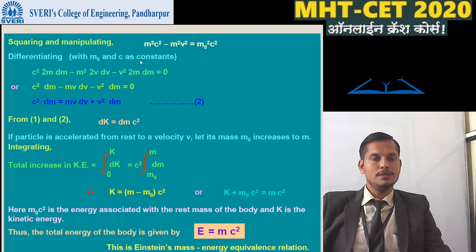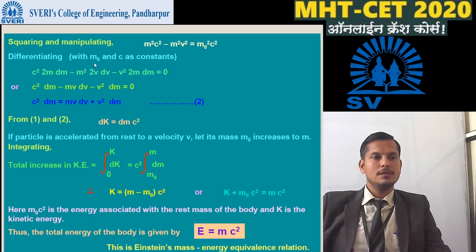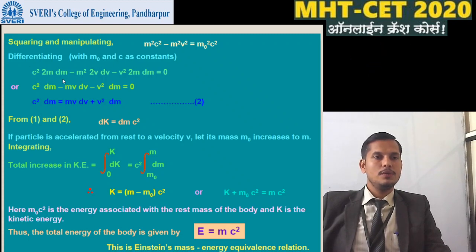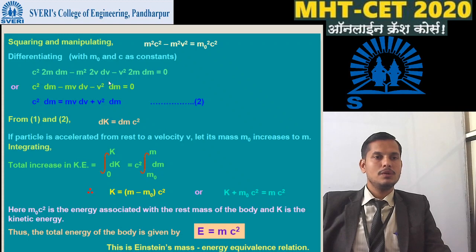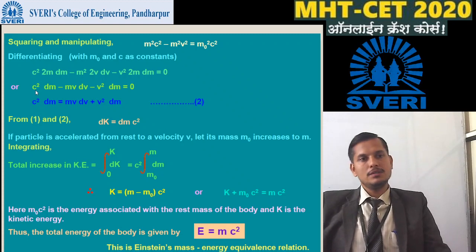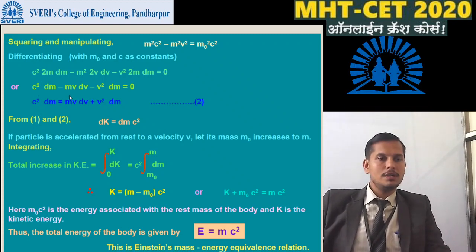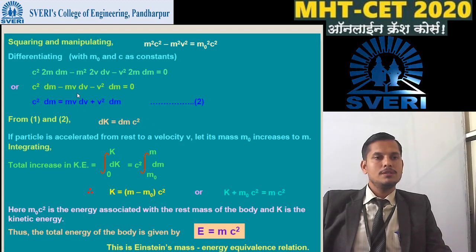So differentiating this equation, considering m0 and c are constant, it becomes c square twice m dm minus m square twice v dv minus v square twice m dm, which is equal to 0, as m0 and c both are constants. By further adjusting, that is removing twice m from each and every term, we are getting c square dm minus mv dv minus v square dm, which is equal to 0.